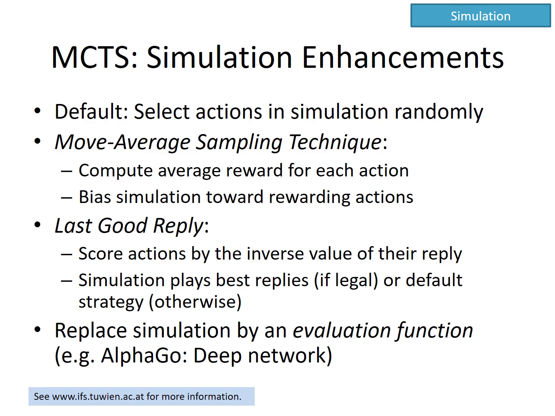If you don't want to do that, you can, of course, compute the average reward for any action and then base the simulation on these rewards. That means you don't play randomly, but in every situation you play the move of which you think it will have the best outcome from the perspective of the player who has to move in that situation.